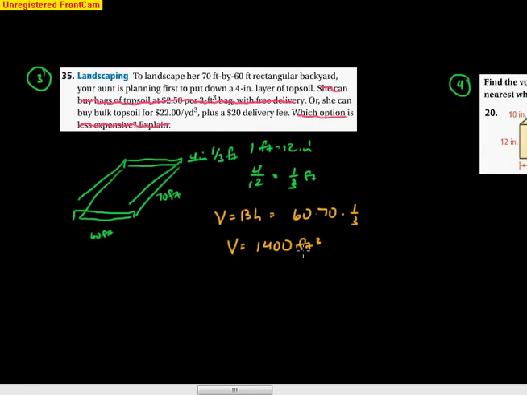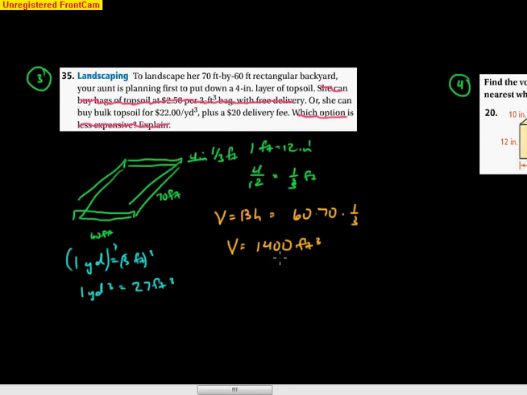Now, I can't have feet cubed, I need it in terms of yards cubed. So if 1 yard is 3 feet, then if I cube both sides, 1 yard cubed is going to be 27 feet cubed. Right? 1 cubed still stays 1, but 3 cubed is 27.